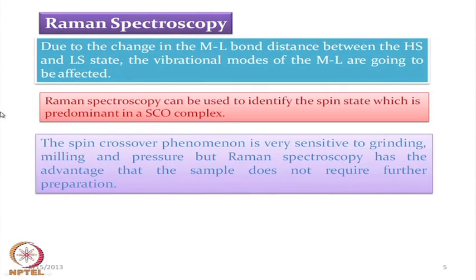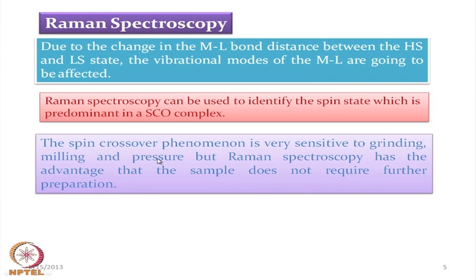As a result, we use only Raman spectroscopy, because in this spectroscopy there is no need to make the KBr pellet. The spin crossover phenomenon is very sensitive to grinding, milling and pressure.